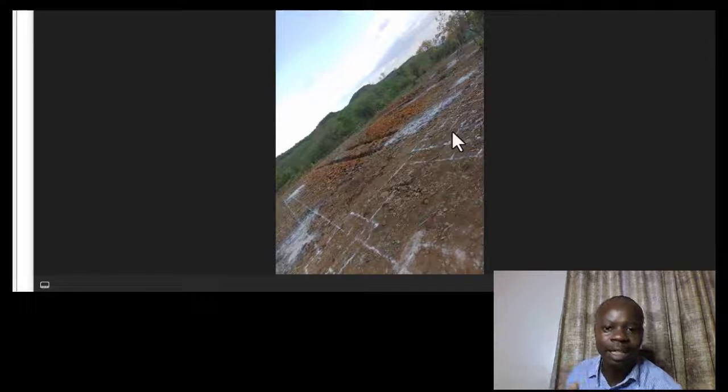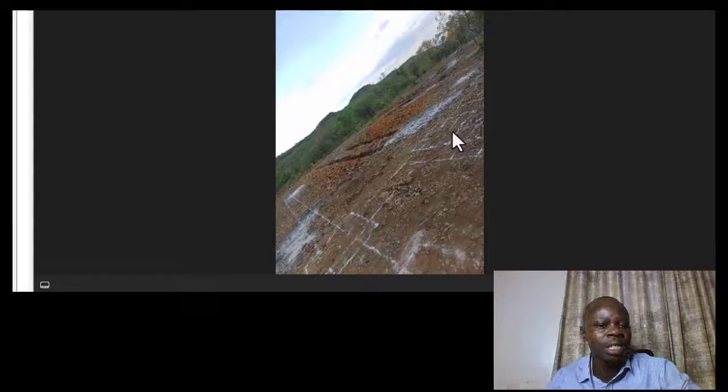And site clearance does not only refer to items like bushes or scrubs and so on. It applies to any other item which is on site where it's not needed. So even if you have a house that is on site where you need to build another house, then you will clear it up by demolishing it. Any other item that is on site where it's not supposed to be is what is meant by the term site clearance.